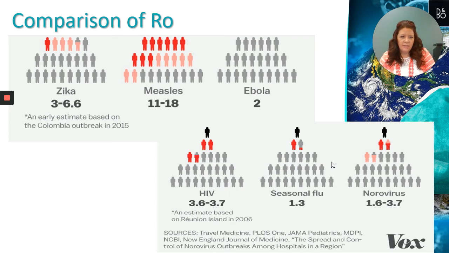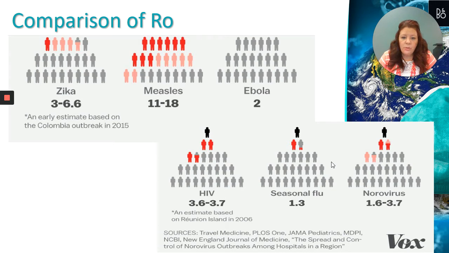Just to give you an idea of the R naught, here are some examples for different communicable diseases. Here you have the Zika virus. I know we were talking about that a few years ago. The R naught for Zika virus is anywhere between 3 and 6.6 people. I don't know how you measure somebody in 0.6, but there you go. Measles, and this is one of the reasons why it's so important to have been vaccinated against measles: one person could infect up to 11 or 18 folks.